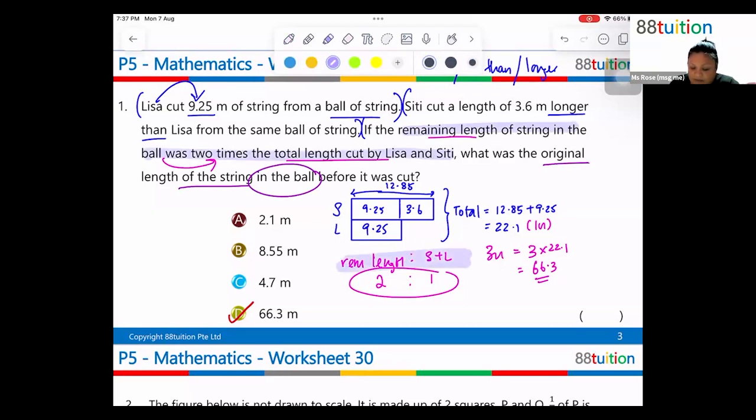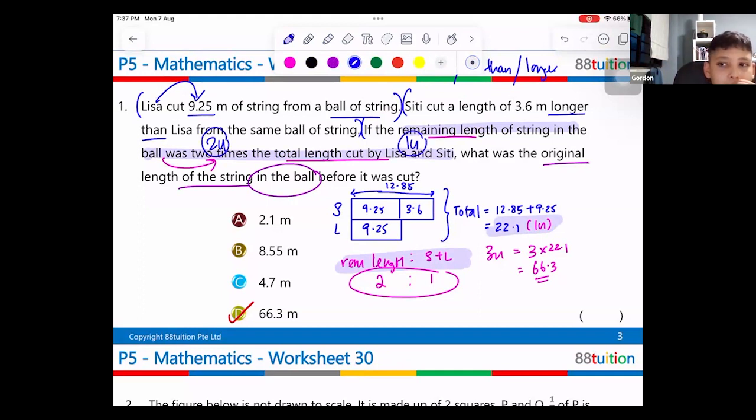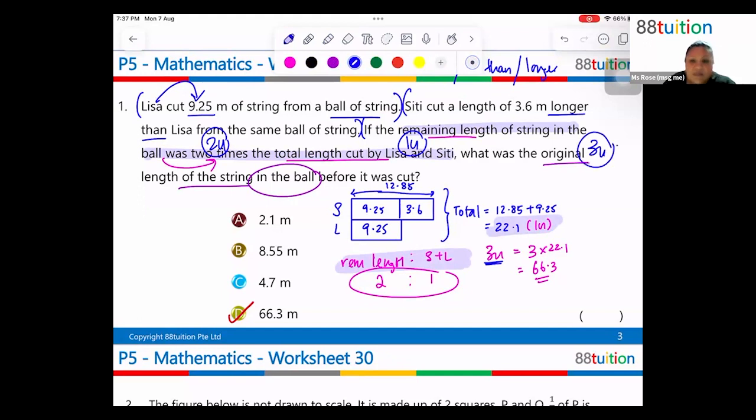Siti plus Lisa is 1 unit. So the remaining length is 2 units because it is 2 times. So that's how I get 3 units, whereby the original is actually 3 units. Oh, I see.